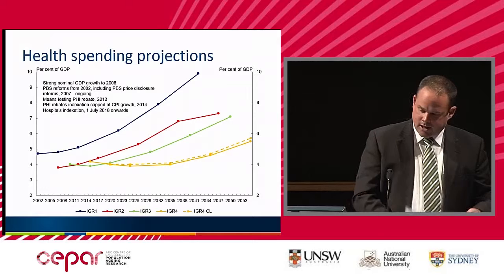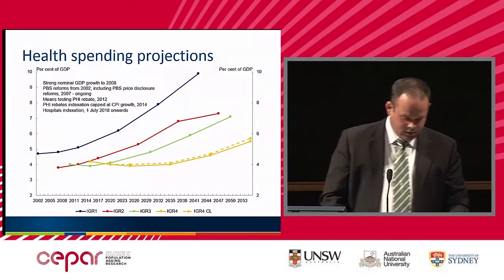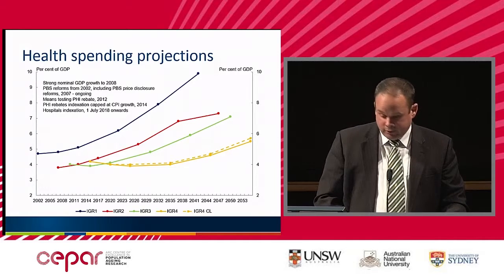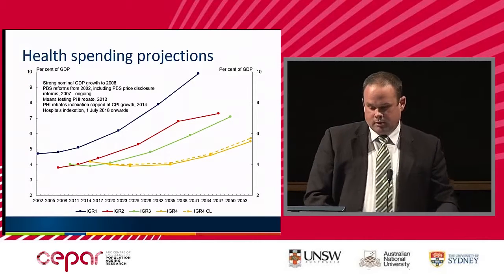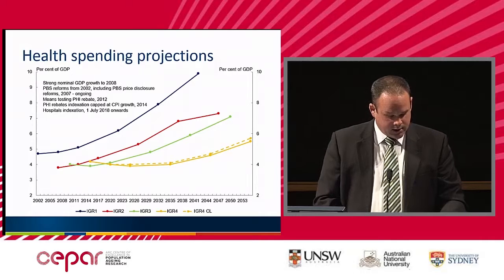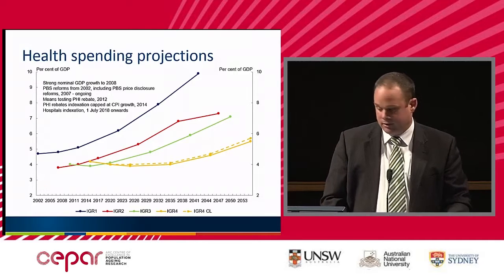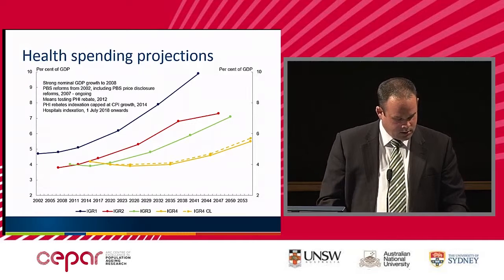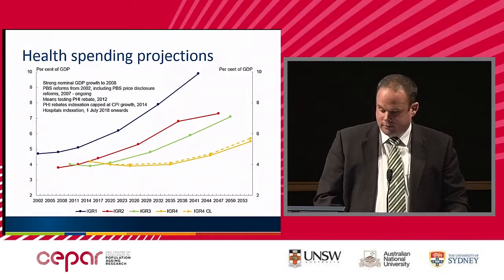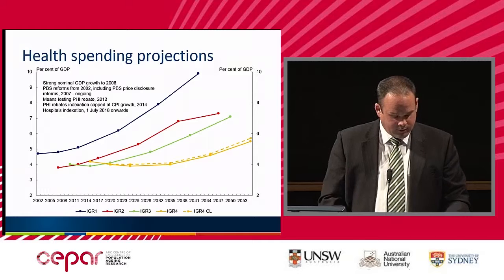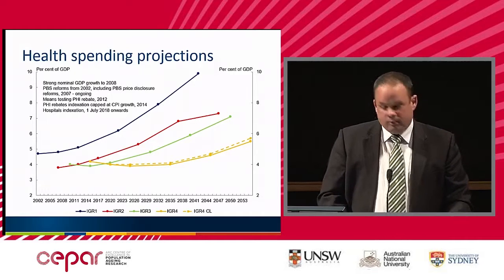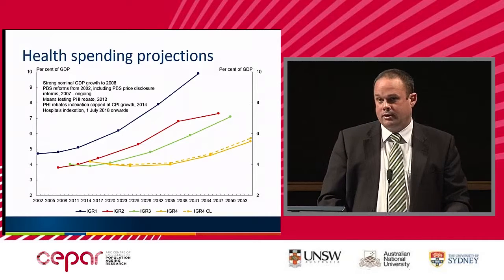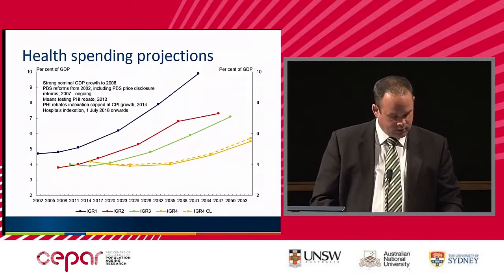So when the first IGR was published in 2002, together with the budget papers of that year, Commonwealth health spending accounted for around 4.75% of GDP and was projected to increase to nearly 10% of GDP over the 40-year projection period. Whereas the 2015 IGR shows the starting point for Commonwealth health spending is around 1.5 percentage points lower than anticipated under that 2002 set of projections.